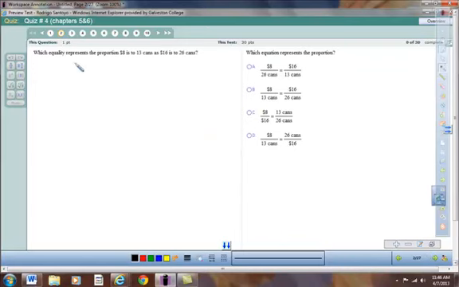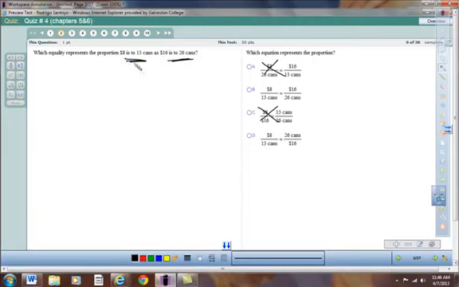Next problem, which equality represents the proportion $8 is to 13 cans, $16 is to 26 cans. So we want to make sure we have 8 and 13 on one fraction and 16 and 26 on another fraction. So it can't be that one, can't be that one, possibly D. But now we want 16 to 26.